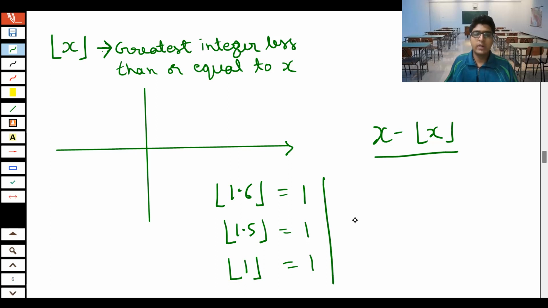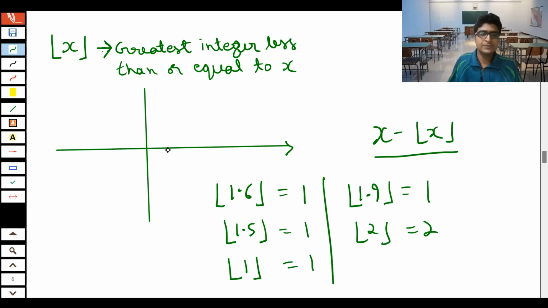What about the greatest integer less than or equal to 1.9? Again 1. And what about 2? Well, it has to be 2. Okay. So for 1, it is 1. For 1.5, it is 1. For 1.9, it is 1. And for 2, it is 2. Okay, it moves there.